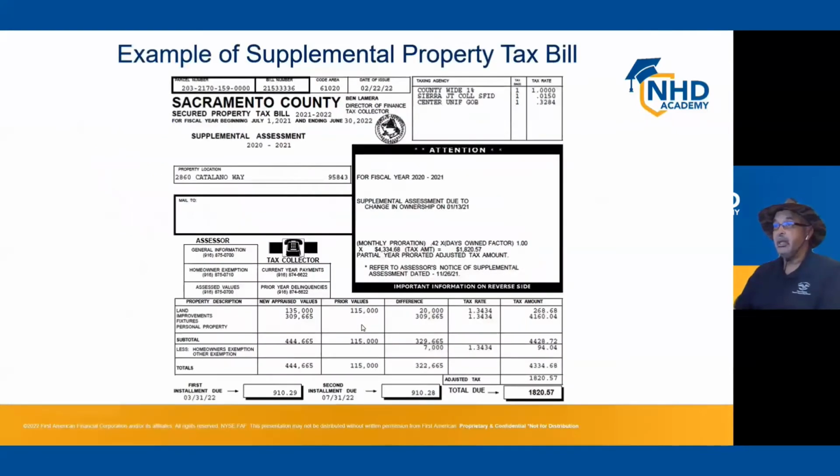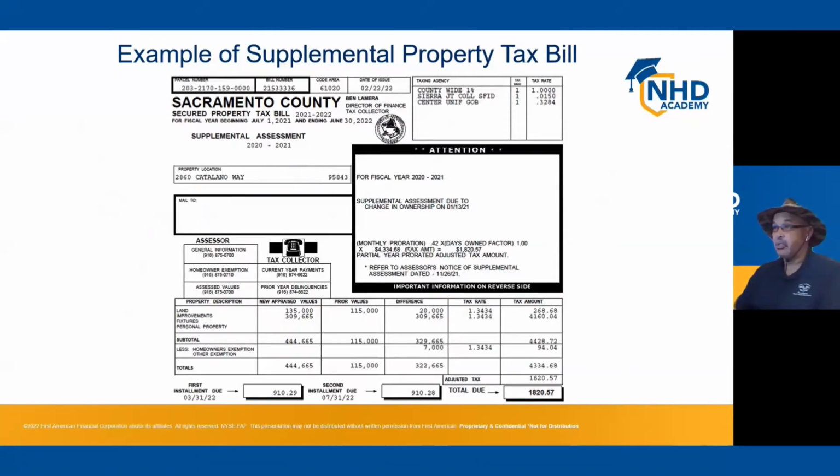Here's an example of a supplemental tax bill. You can see here, this is the tax rate portion, and it notifies when the actual transaction occurred. In this case here, change of ownership on January 13th of 2021.